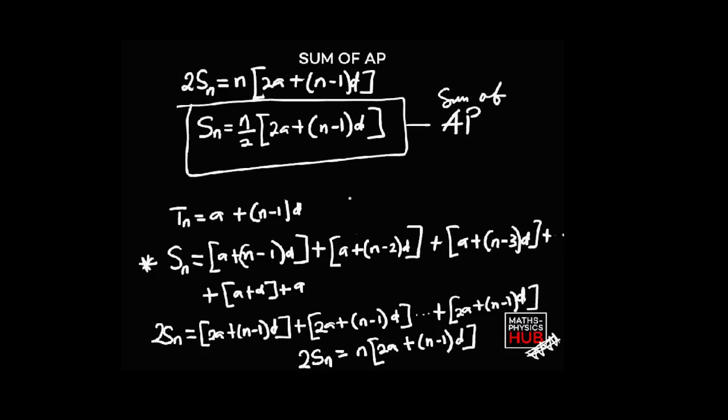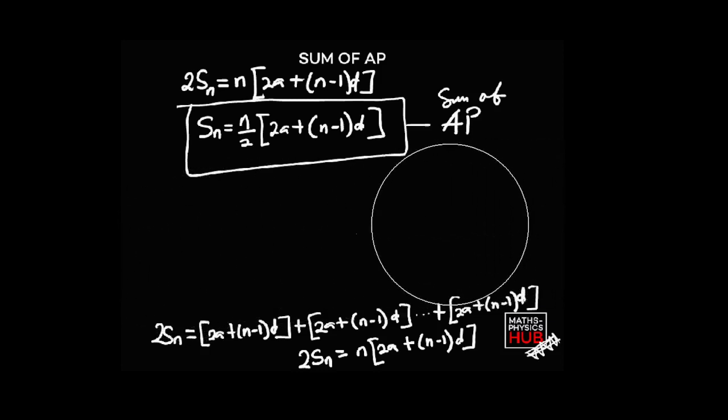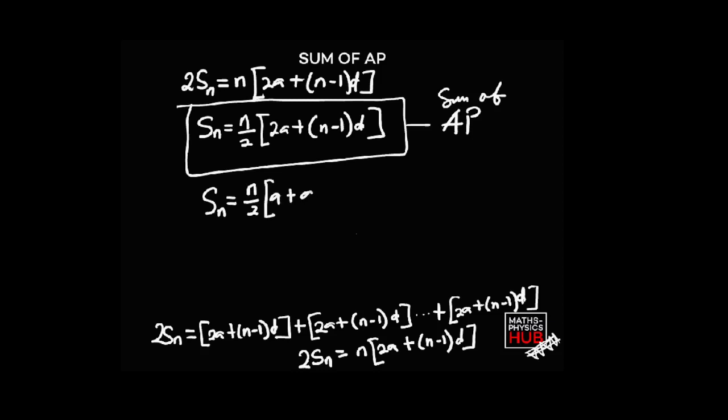Yes, sir. Now, I want you to understand something. If you look at this particular formula very well, you get to see that I can rewrite this formula as this: S sub n equals n over 2 into brackets a plus n minus 1 times d.